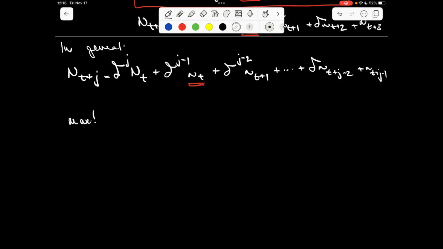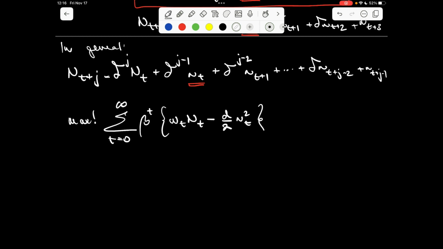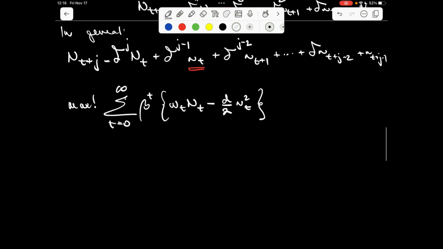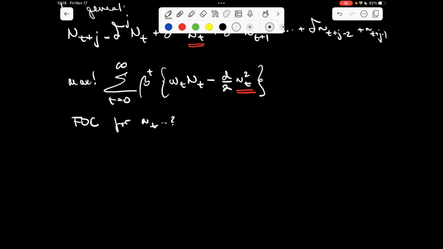So once again, the household wants to maximize this profit flow or net income flow, whatever. Okay, and we need to find the first order condition regarding its decision in period t. So this is what we are interested in.